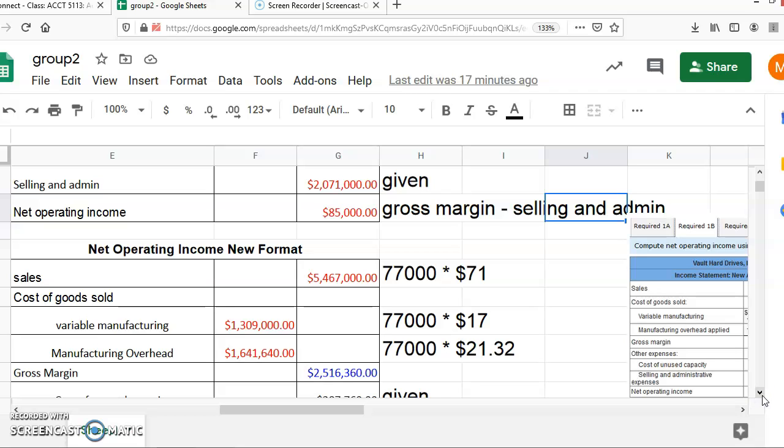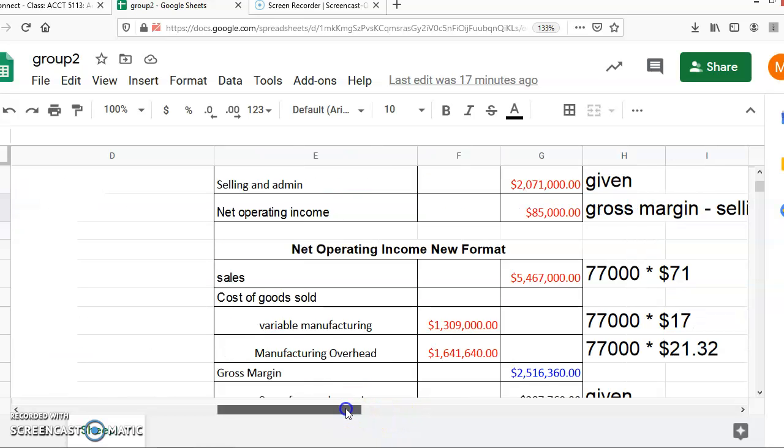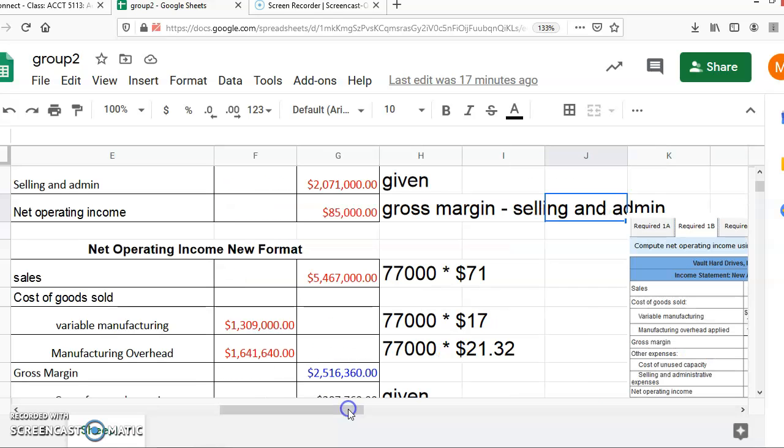Net operating income with the new format, we got that by the sales. We came up with 77,000 units times $71. Cost of goods sold: we did the variable manufacturing, which was 77,000 units times $17.